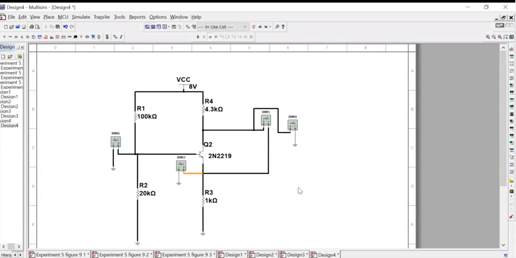From the table we have 1, 2, 3, 4, and 5. VBE. So we are missing VBE. So we need to measure VBE, base and then emitter.